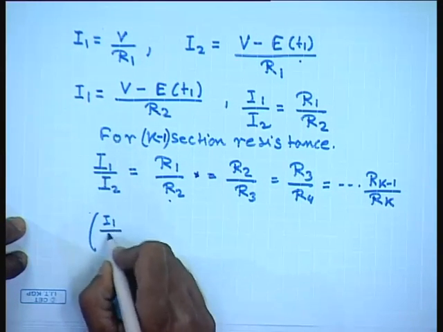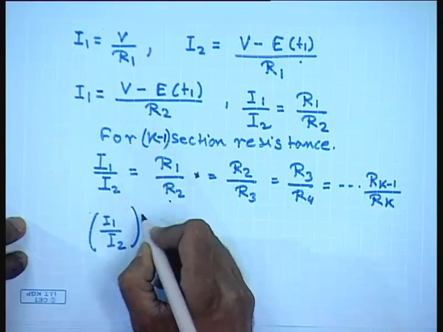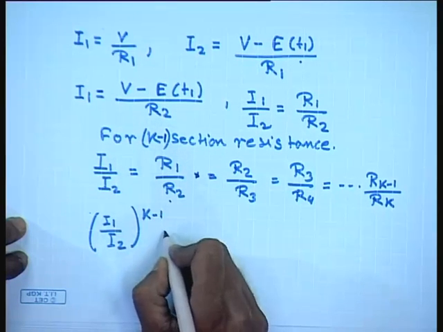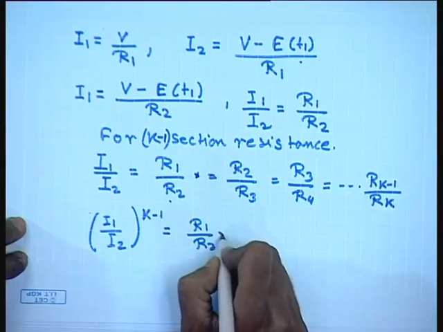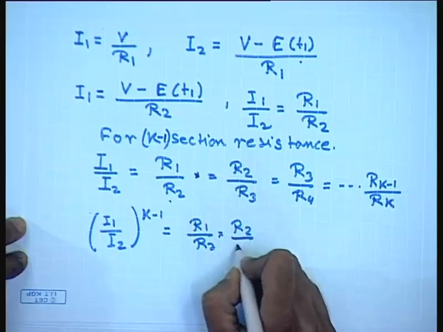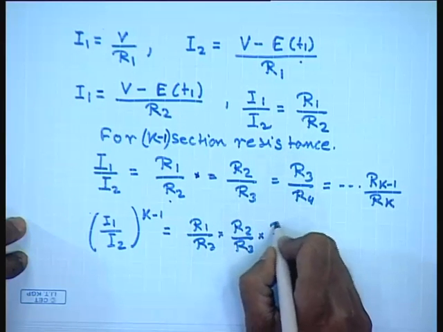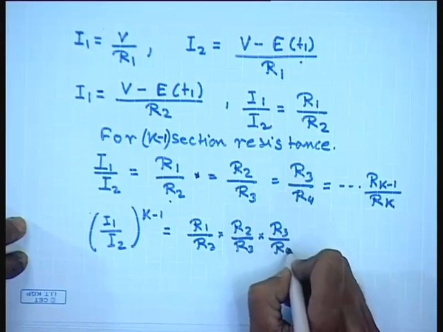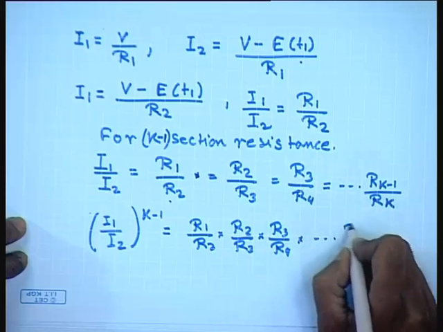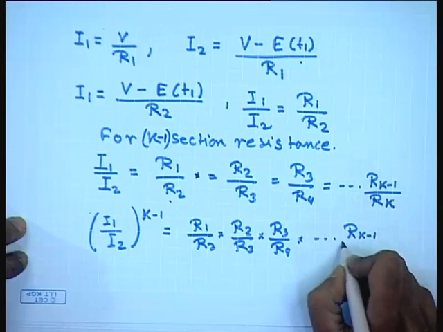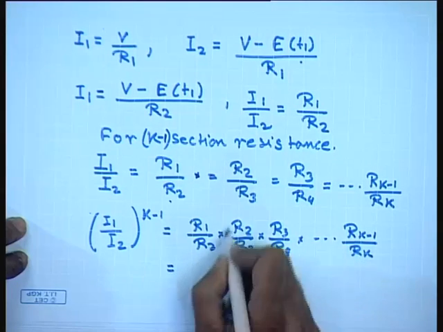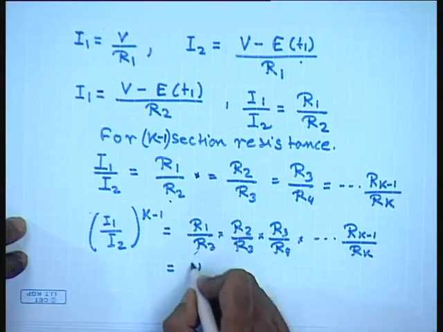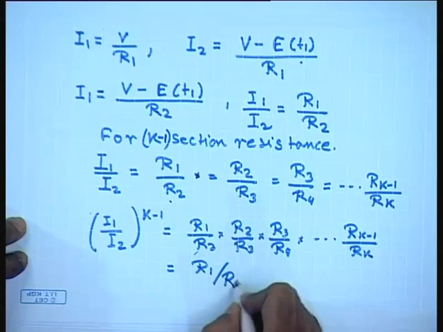So, I1 by I2 to the power K minus 1 equal to R1 by R2 into R2 by R3 into R3 by R4 into R k minus 1 by R k equal to, these things cancel, it becomes R1 by Rk.